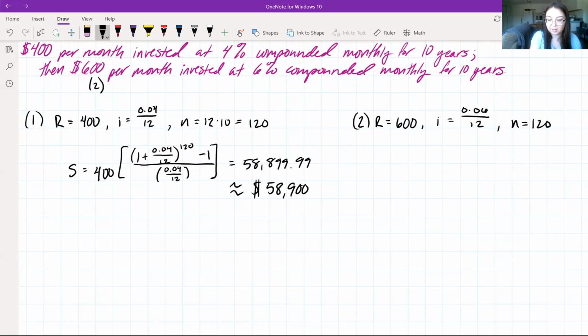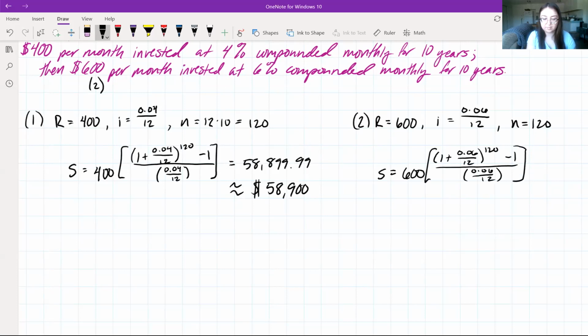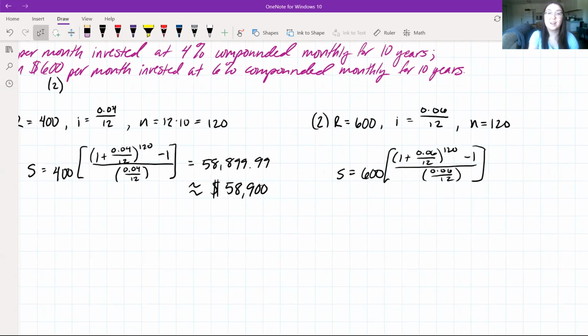Now we can just calculate our value. We get S is equal to 600 times 1 plus 0.06 divided by 12 to the power of 120 minus 1, divided by 0.06 divided by 12. So once again, I invite you to calculate this value on your own.